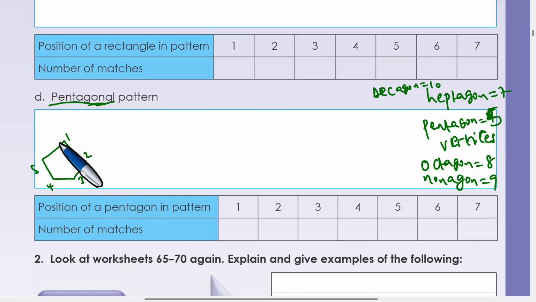So if you look at tail to head, tail to head, tail to head, tail to head, the number of matches is 5 first. Then, how many will there be next?